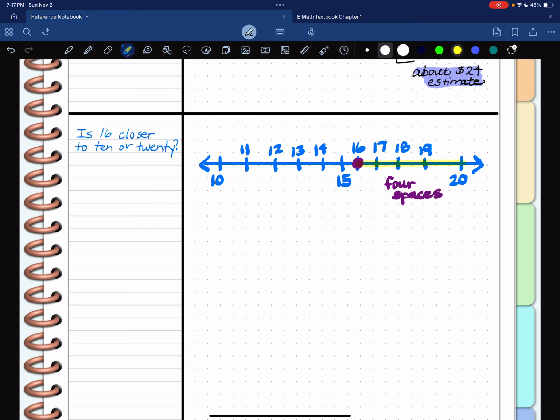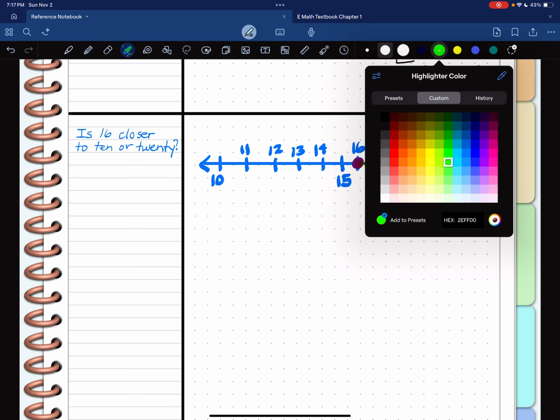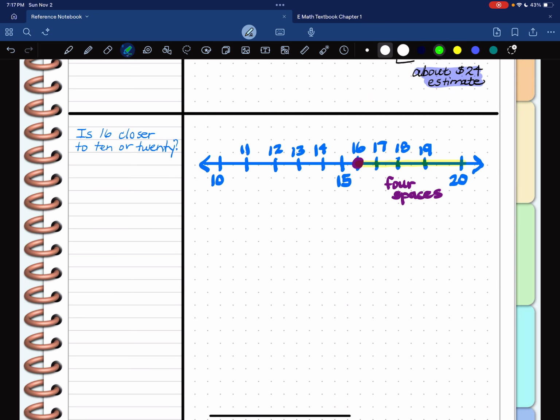If we look at the numbers below 16 toward 10, we have 1, 2, 3, 4, 5, 6 spaces on this side. So I would say, and hopefully you would too, that it's closer to 20.